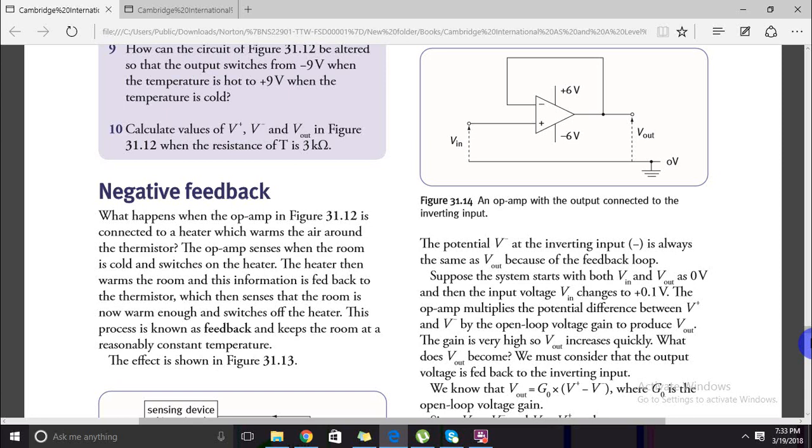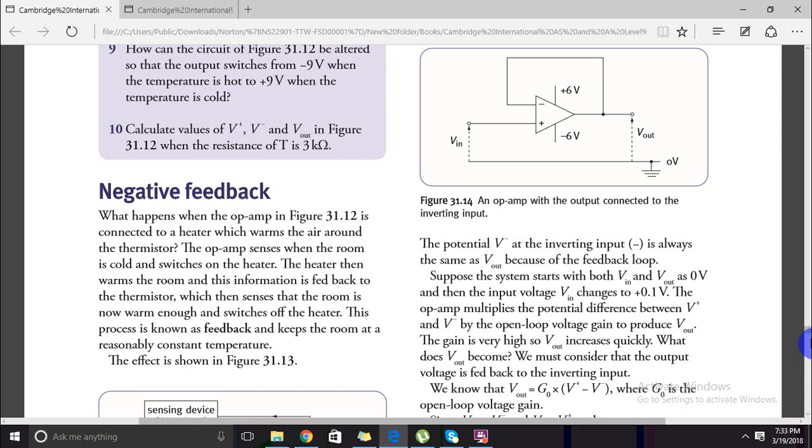So Vout at that moment is going to be equal to the product of G naught, the open loop voltage gain, and the difference between V plus and V minus, and because V minus is 0, it's going to be 0.1.